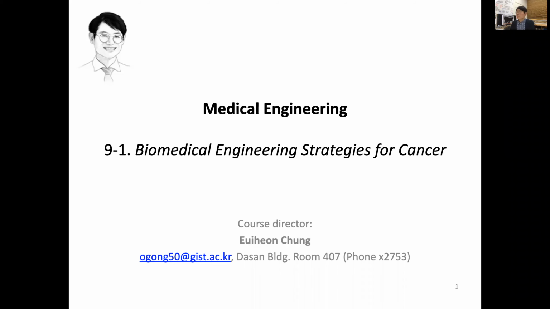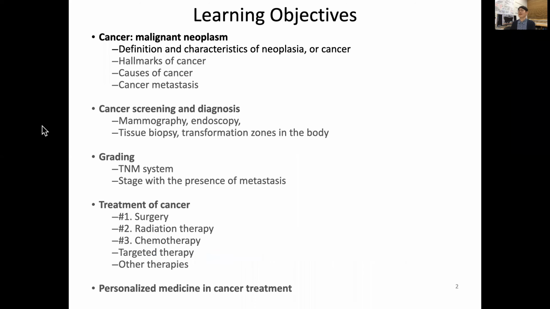Hi, today we will study biomedical engineering strategies for cancer. For this chapter, we will first study cancer as a malignant neoplasm. First we will understand cancer, and consider from an engineering point of view how to approach this problem.